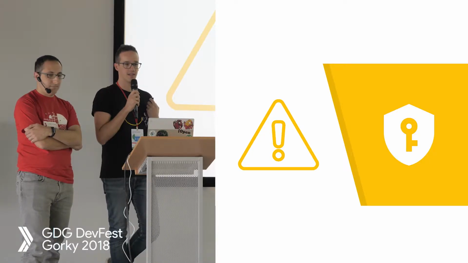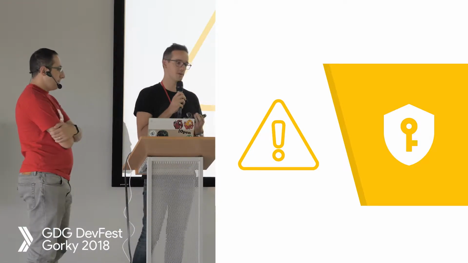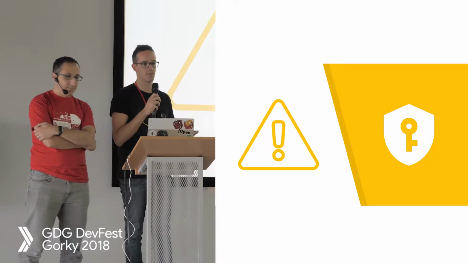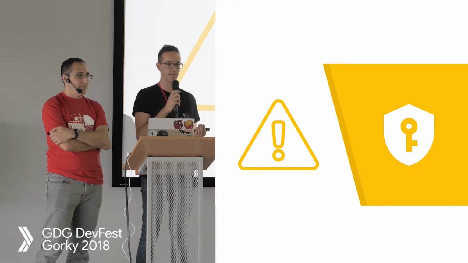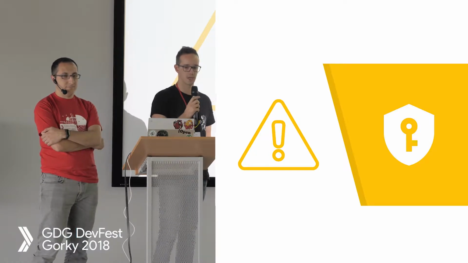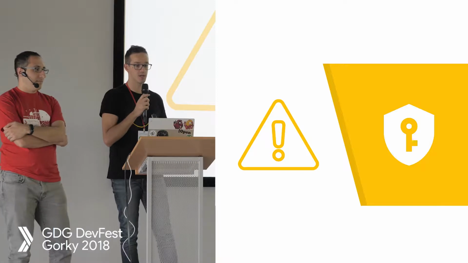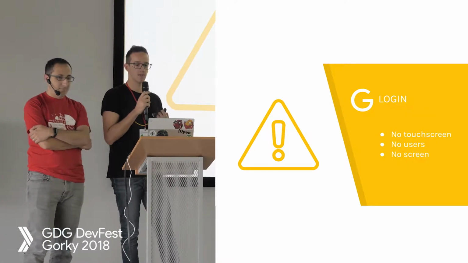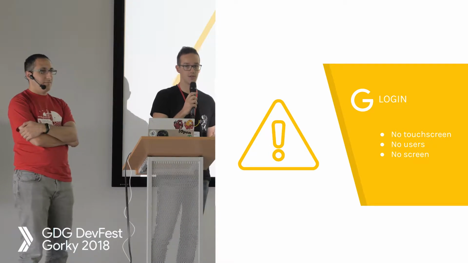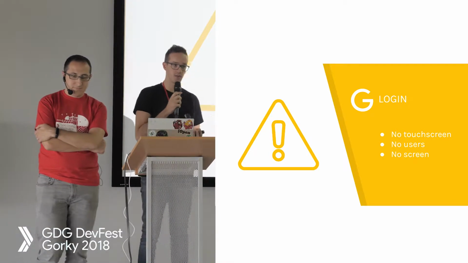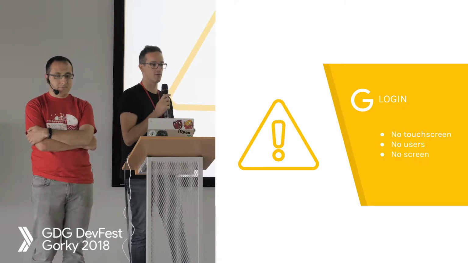In our setting, the internet connection was not really a problem because we were storing the pictures locally first, and then uploading them once we had a network connection. What was a bit more of a problem was the authentication part. This is because Google Photos, in order for you to upload and also to query the user's albums, needs the user to log in to their Google account.